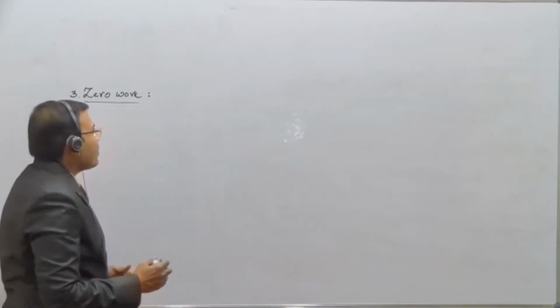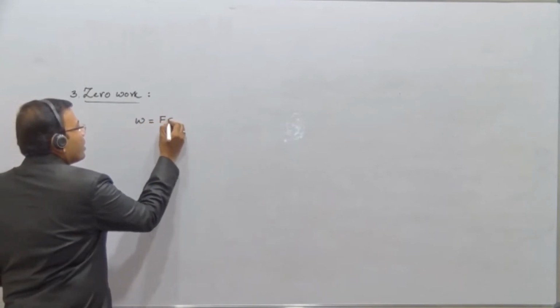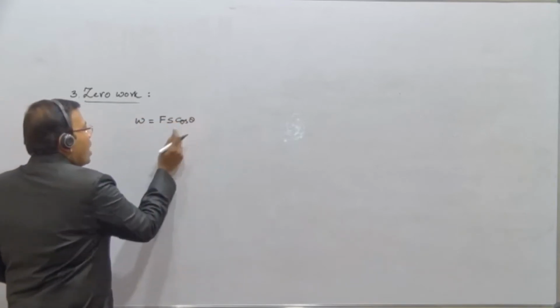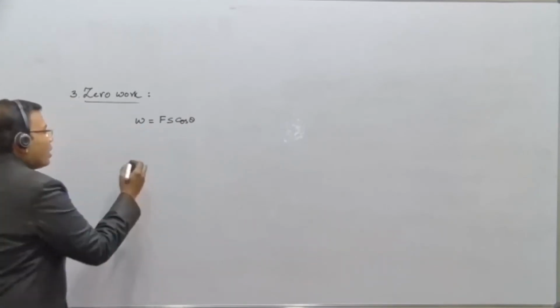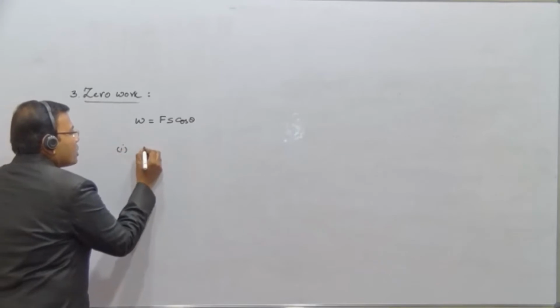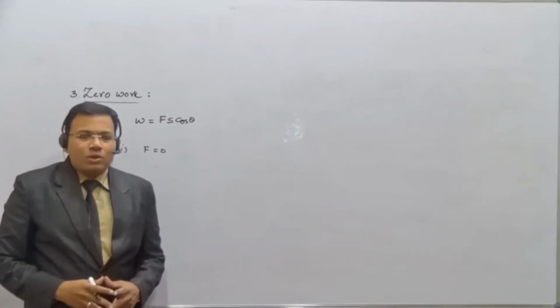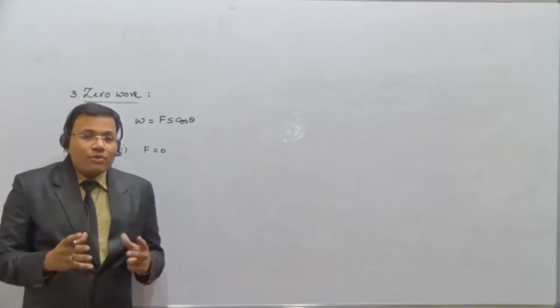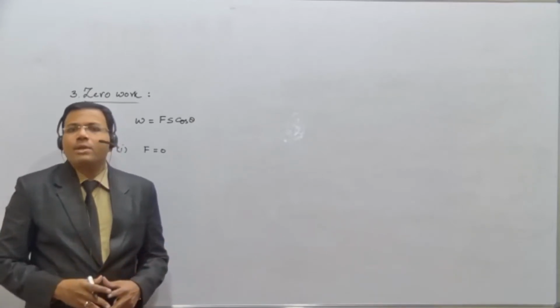So when is the work said to be zero? Let us see the conditions. The formula for work is Fs cos theta. I want this work to be zero. The first condition: if F is equal to 0, that means no force is applied on the body, so the work done is 0.